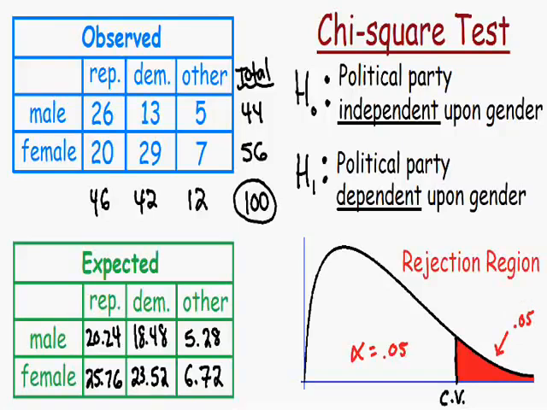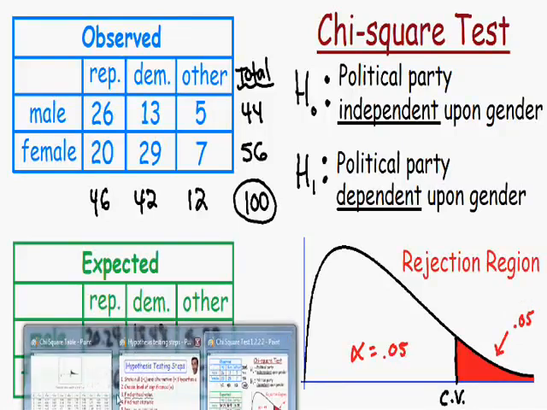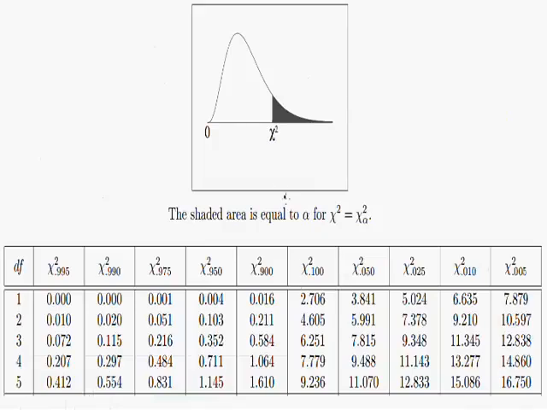So let's go back and look at a chi-square table. Two things that you need to know are the area in the tail, which is 0.05, and your degrees of freedom. Your degrees of freedom is always equal to the number of rows minus 1 times the number of columns minus 1.